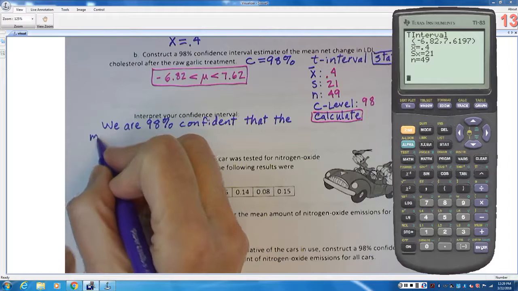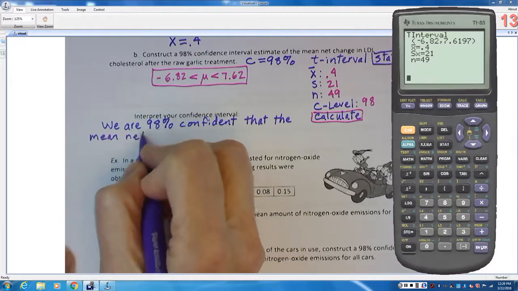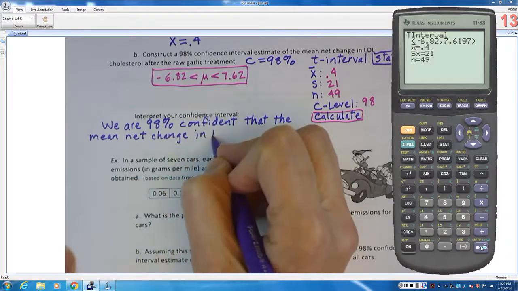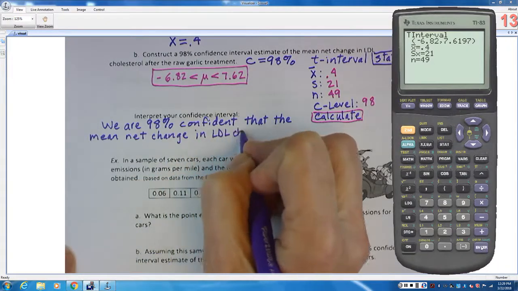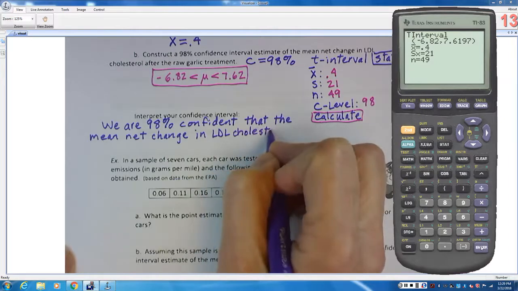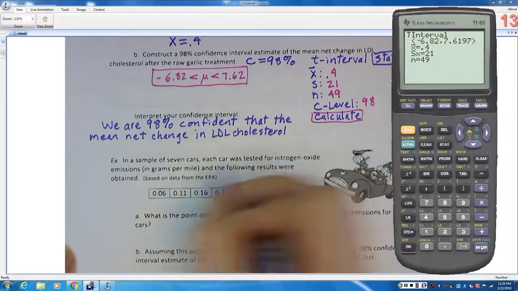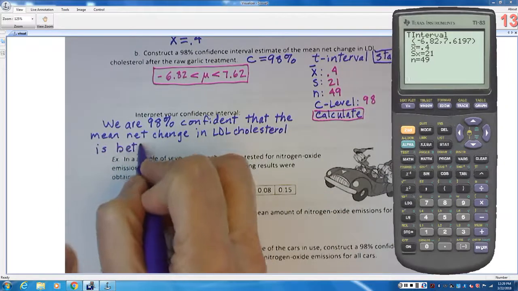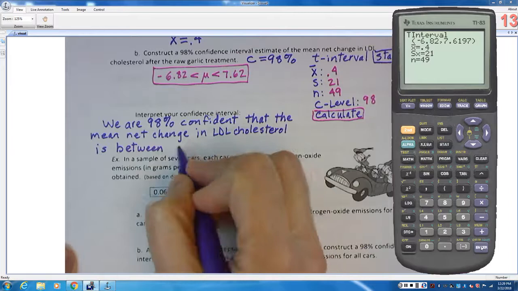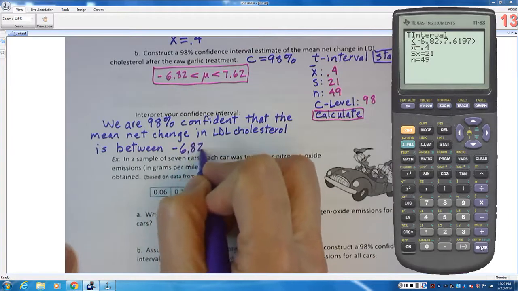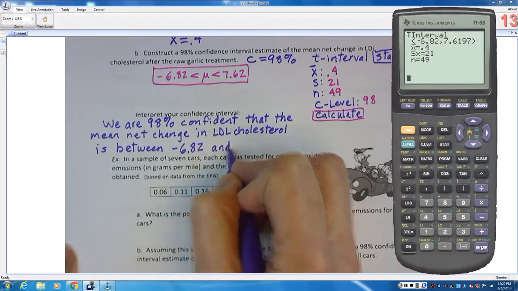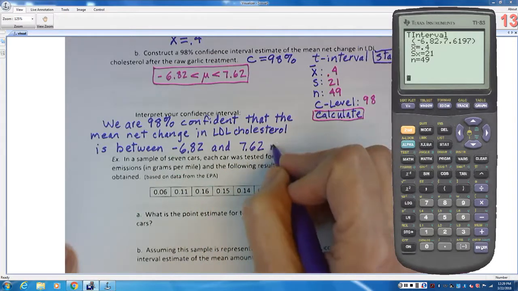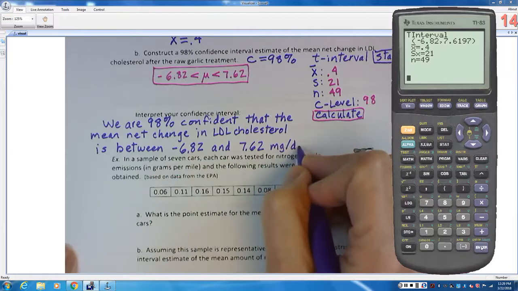That the mean net change, I'm just going to shorten it to LDL cholesterol. I'm going to leave off after the raw garlic treatment, is between negative 6.82 and 7.62 milligrams per dL. You need the units.